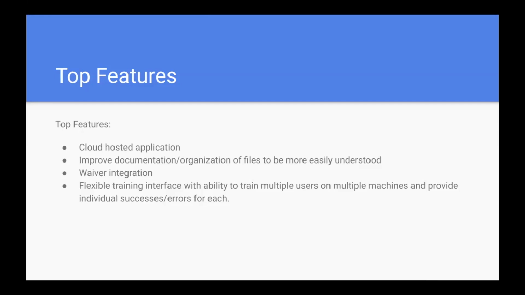We did some waiver integration, moving it from Google surveys to an in-house made part of the program that's actually embedded inside of our application. On top of that, we did some flexible training interfaces, which has the ability to train multiple users on multiple machines and actually provides success and failures for each of those instead of the previous implementation, which could only do one user to one machine at a time.